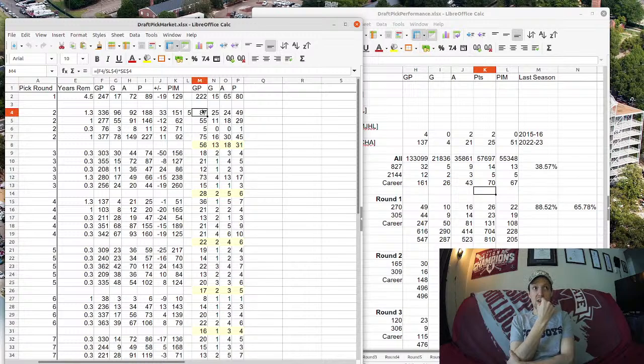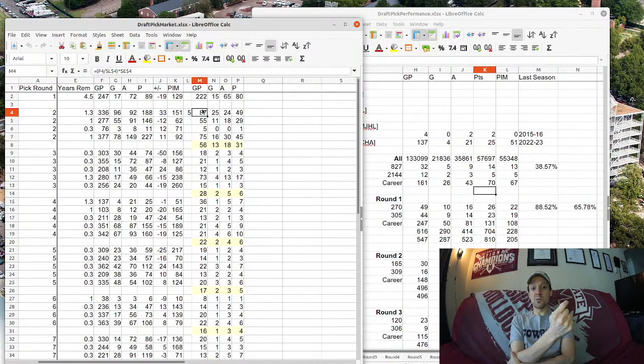Also, when they make the NHL, just in terms of the success rate of likelihood of making the NHL, that's just if they played one game. We're not considering a range of performance.